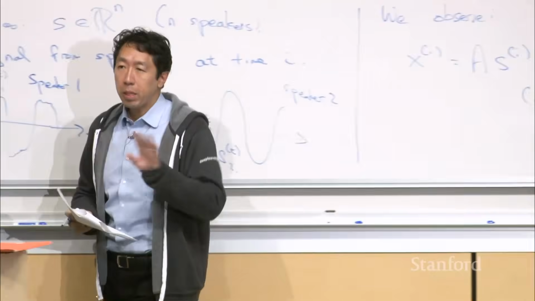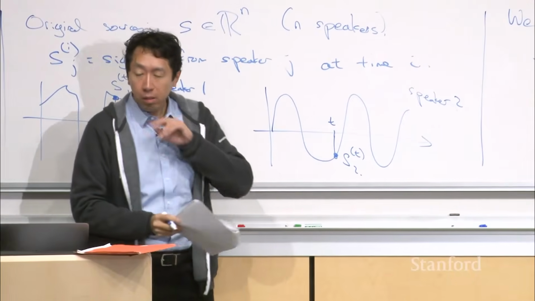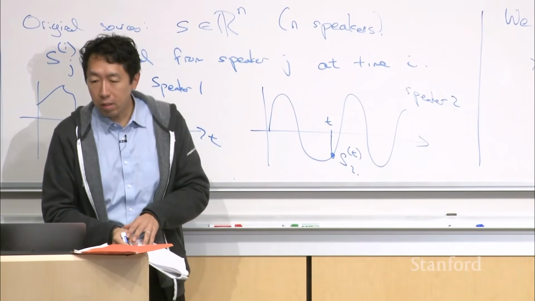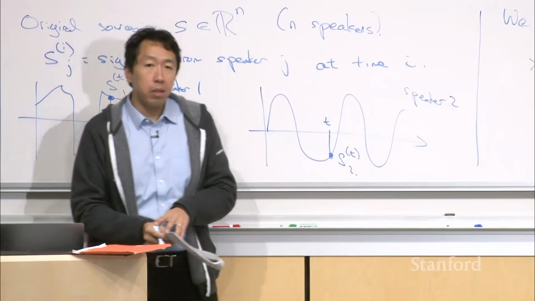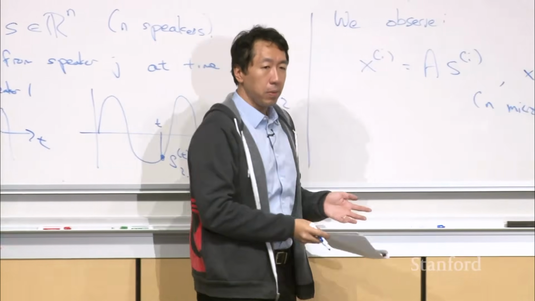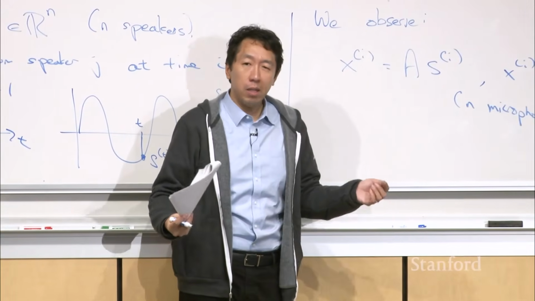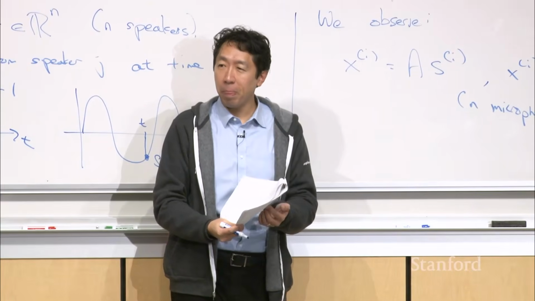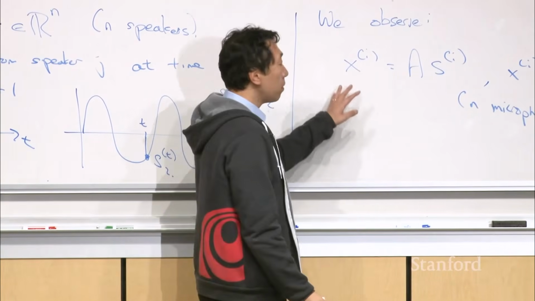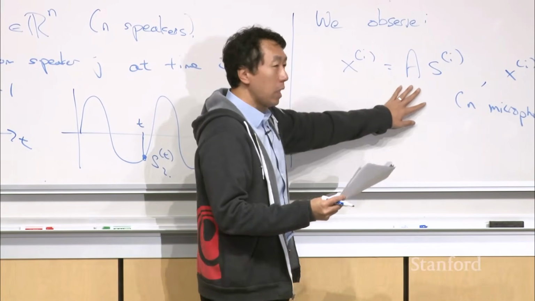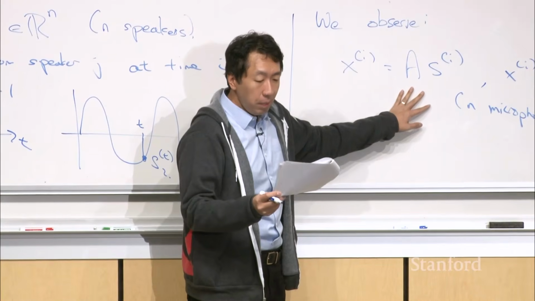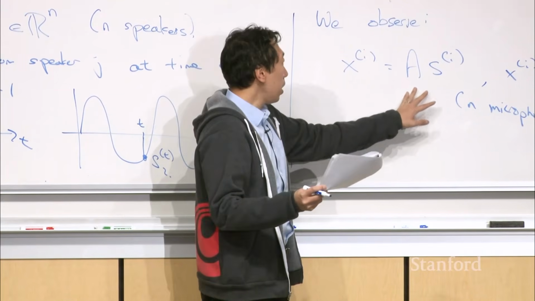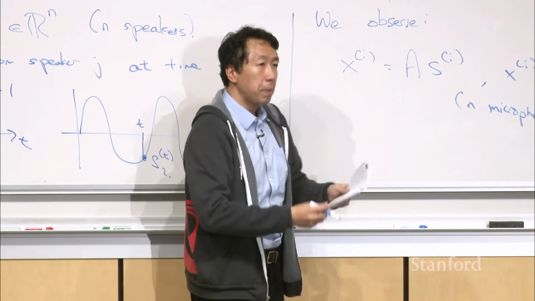So if you have 2 speakers and 2 microphones, then what you observe is each microphone captures a linear combination of the speaker sources. You have 2 people talking and sound adds. And so each microphone records a linear combination captured by this mixing matrix A of the speaker sources.